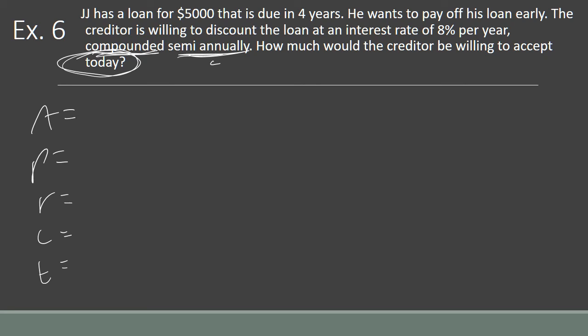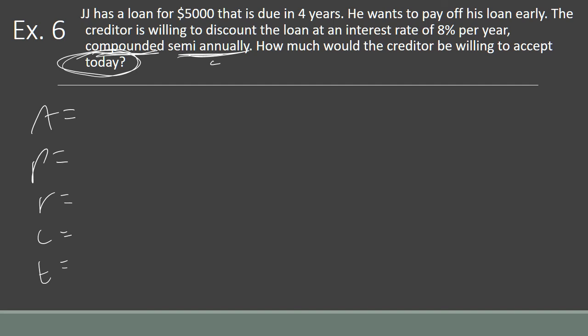And then the creditor sometimes is willing to discount the loan because they would like to get paid off sooner. So maybe JJ's a credit risk, maybe he might not pay his bills, maybe he leaves the country, who knows? So the creditor is willing to accept a discount on the loan. How much would they be willing to accept today?